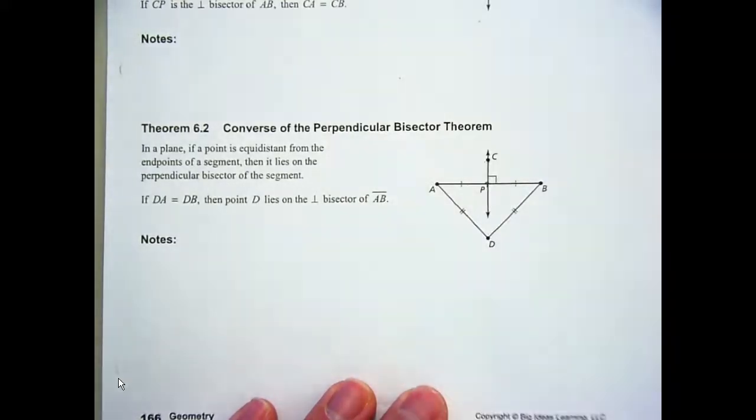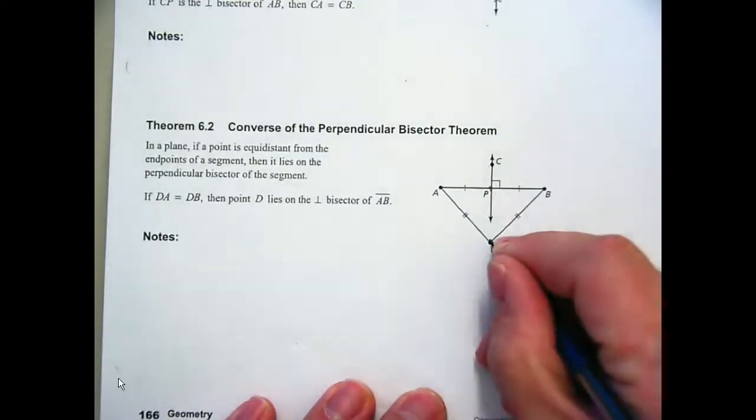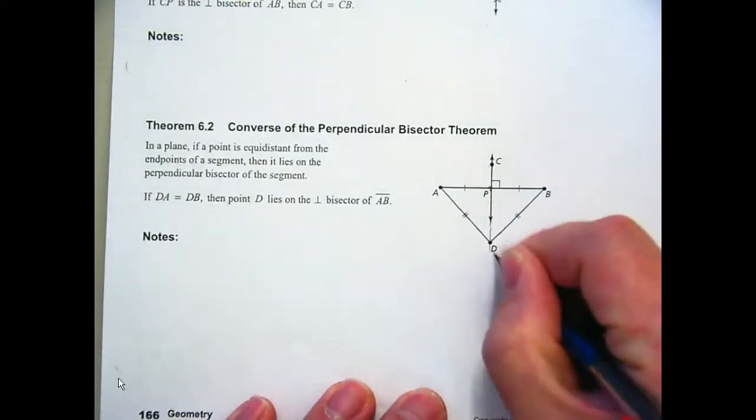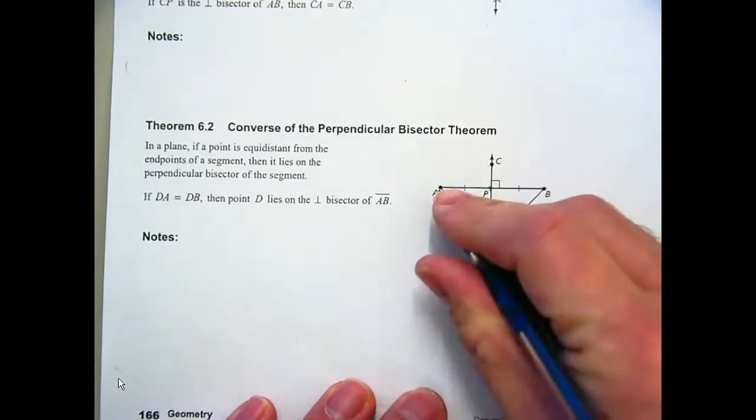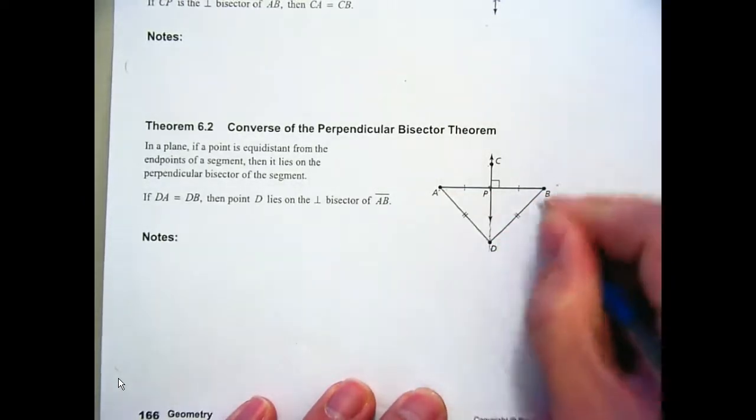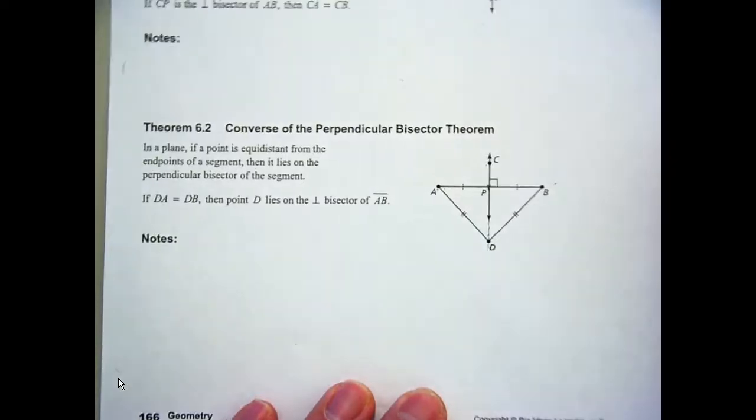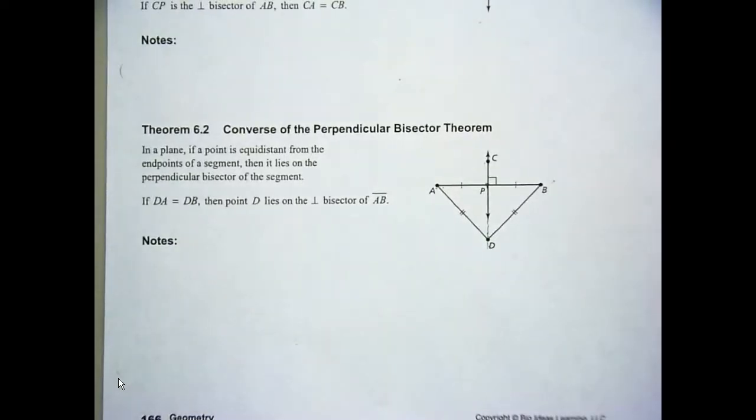What other point's going to lie on that perpendicular bisector? D. Yeah. D will, because it's equidistant from here to there. Okay? All right. Yes? Why do we say equidistant instead of equidistance?